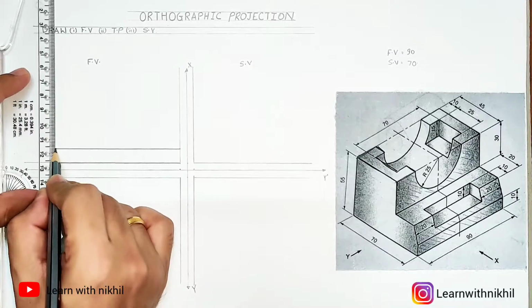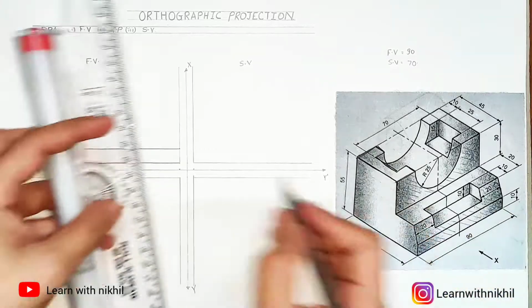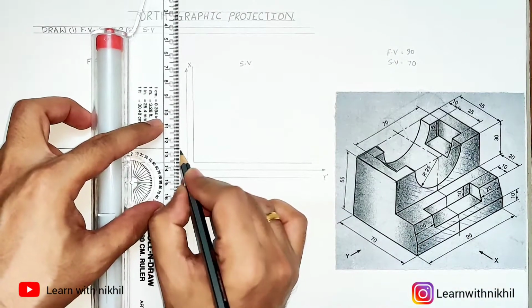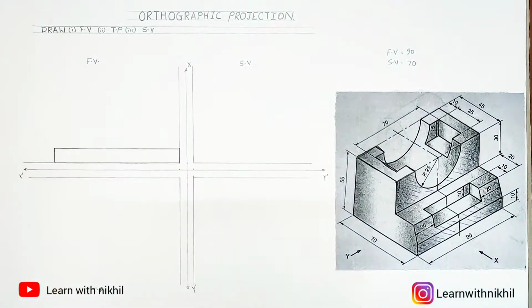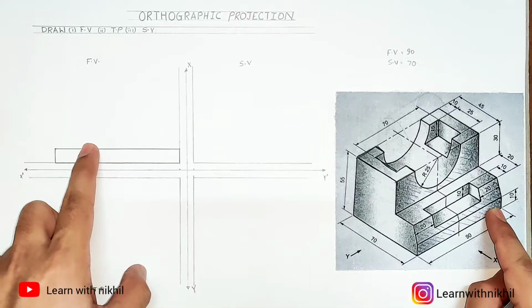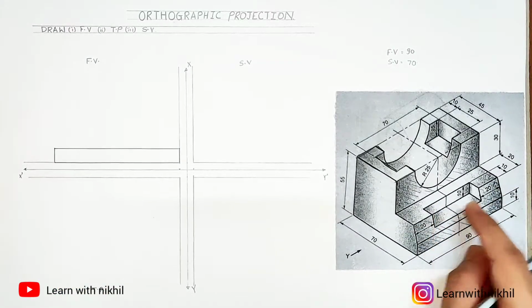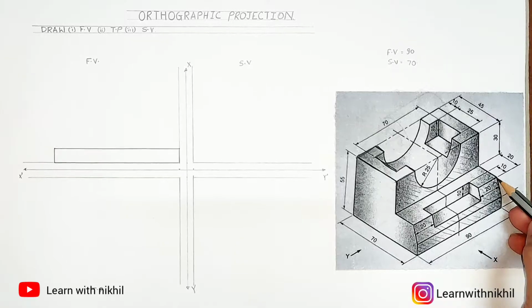Join the lines and complete the rectangle with width 90 and height 10. Now next, this slant line distance or height is not given directly, so we'll draw it later.